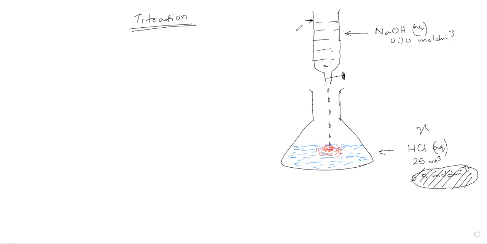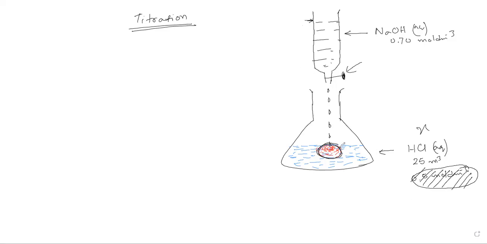It could be some other value, but we just need to find the difference, the portion which has been used. So the tap is open and the droplets of the sodium hydroxide add to the conical flask and the reaction happens. Sometimes a color change happens.